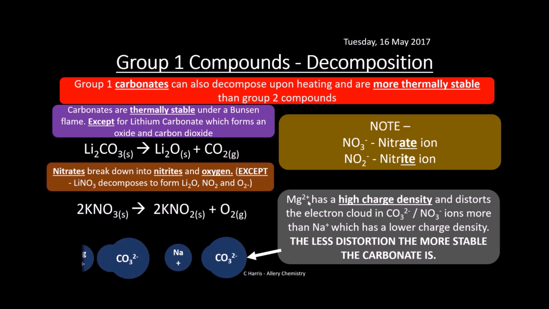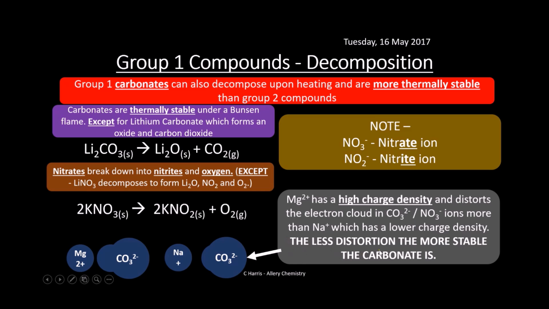And again, if we look at the group 1s and compare the two, there's a group 1 which is sodium, and a group 2 which is magnesium. Magnesium 2+ has a high charge density, so it distorts the electron cloud in the carbonate and nitrate ions more than sodium does, because it's got a much bigger charge density.